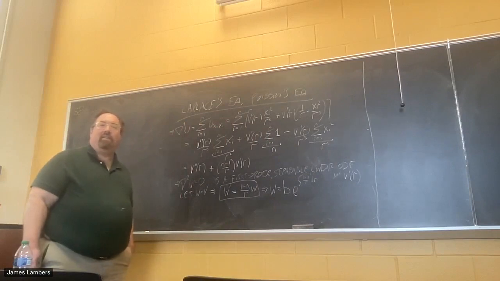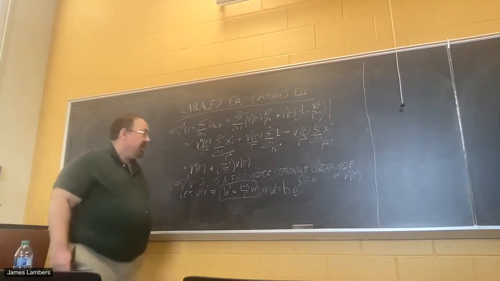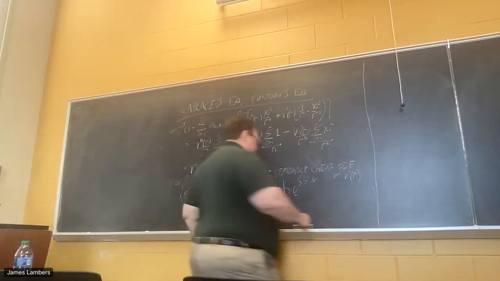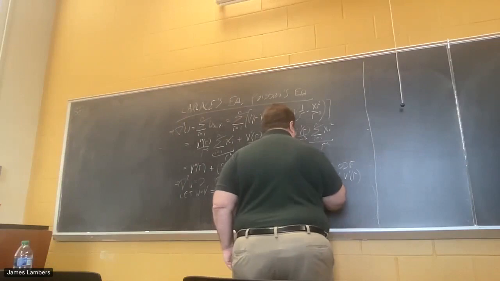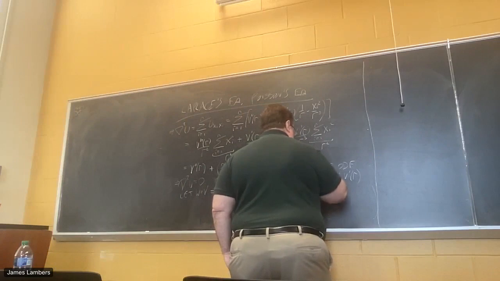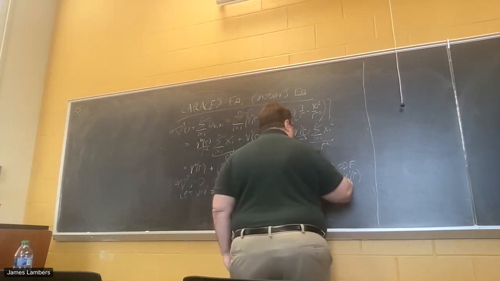All right. Now, what I need to do is evaluate the integral. 1 minus n is a constant, I'll pull that out. And I have 1 over r dr, which is the natural log of r.